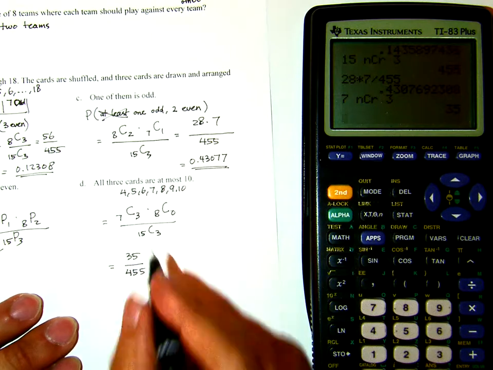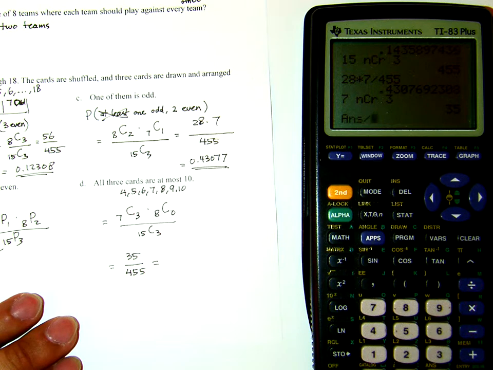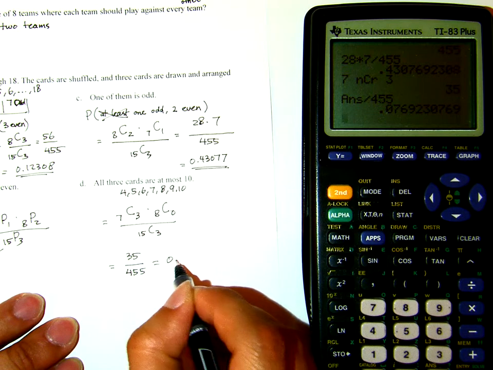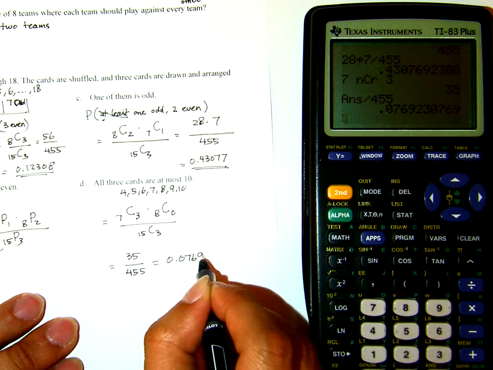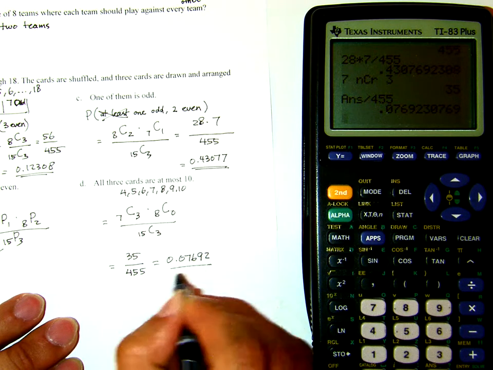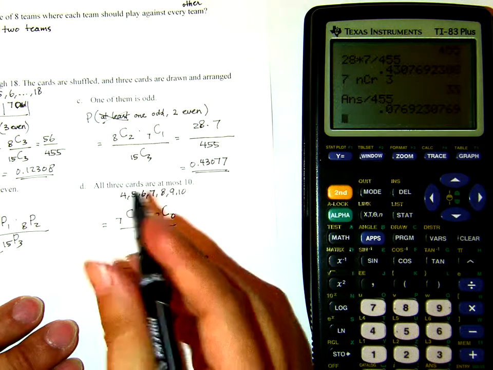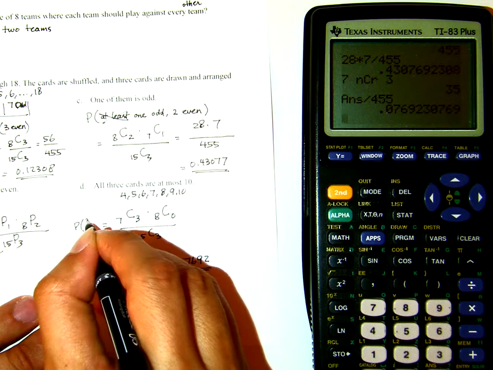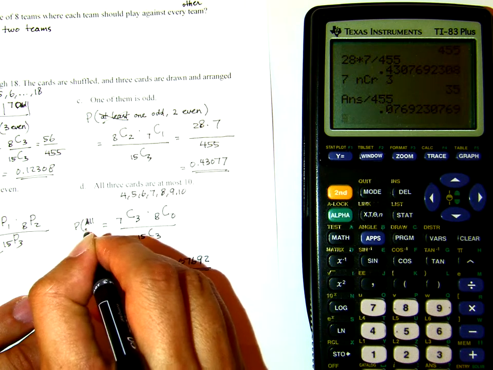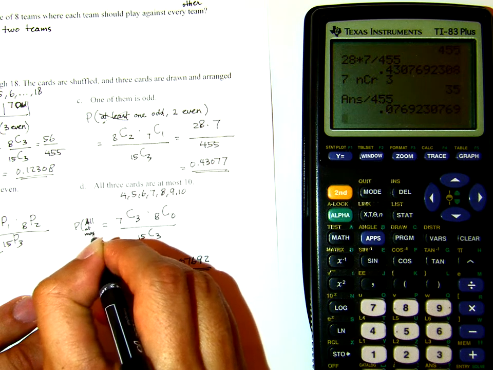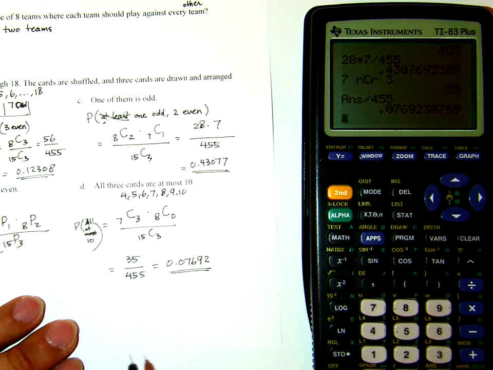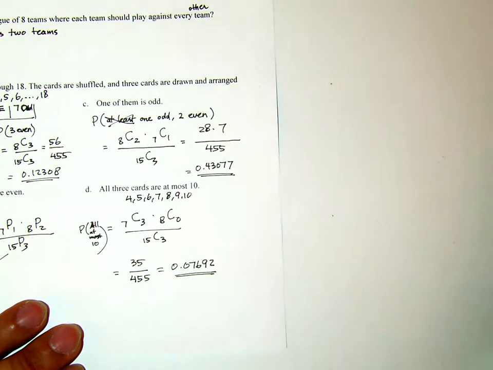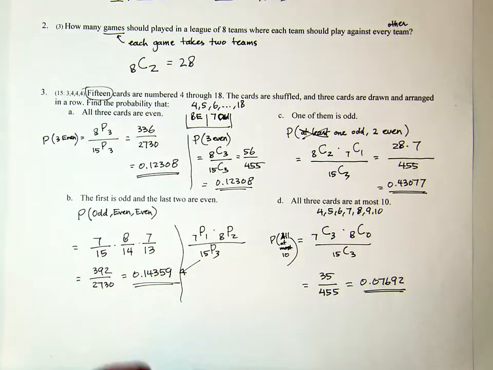That equals 0.07692. That's the probability that all 3 are at most 10. Okay, that's for Fall 2011 Math 21 Test 2, number 3.